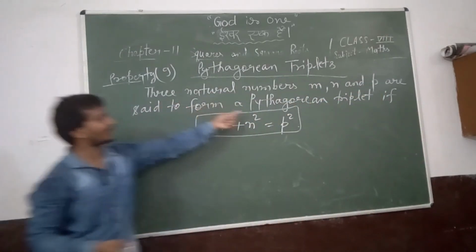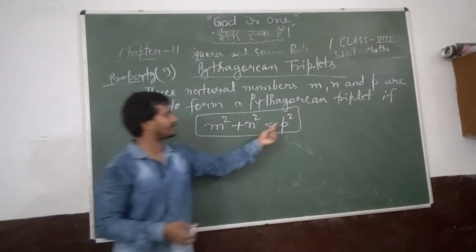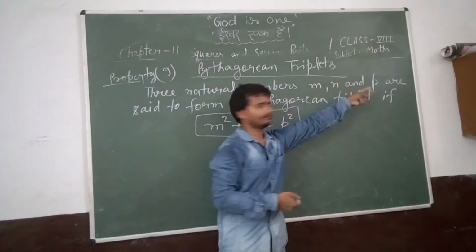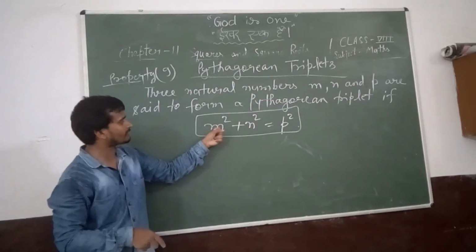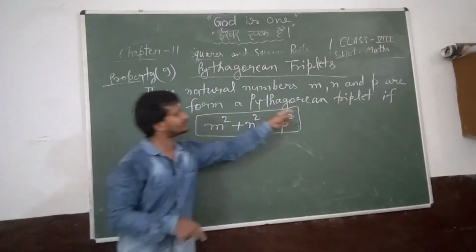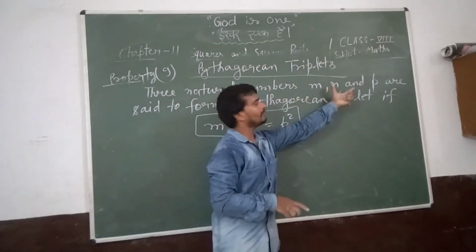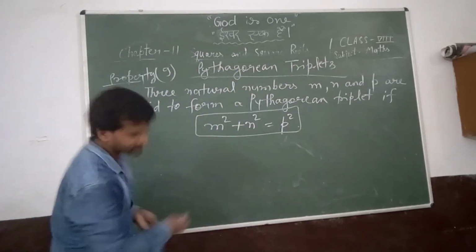Three numbers are said to form a Pythagorean triplet if m square plus n square equals p square. Suppose you are given three numbers, here m, n and p. If this condition is followed, m square plus n square equals p square, then we say yes, the numbers are a Pythagorean triplet. Let us take an example.